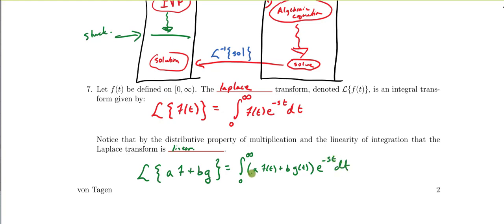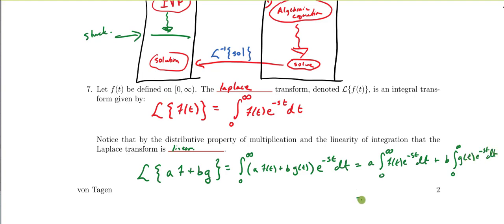But then, by the ability of integrals, when we have convergence, to distribute over sums of functions, and our ability to factor out constant multiples from integrals, I can rewrite this as a times the integral from 0 to infinity of f of t e to the minus st dt plus b times the integral from 0 to infinity of g of t e to the minus st dt.